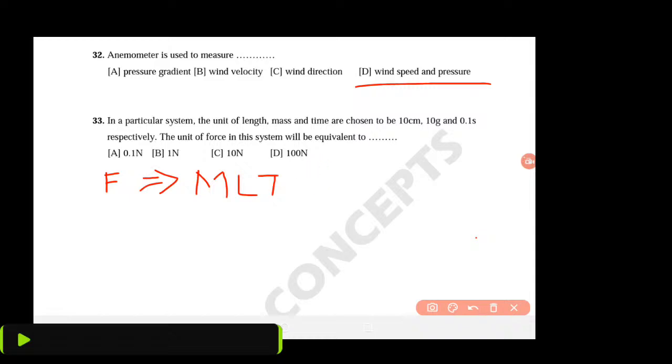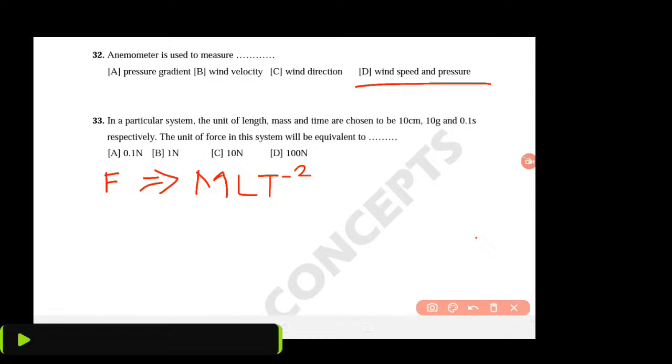And if you really need more information on dimensional analysis, just check this channel. There's a video on dimensional analysis as a lesson on its own, and so many questions were solved there. Now this is the dimension of force.